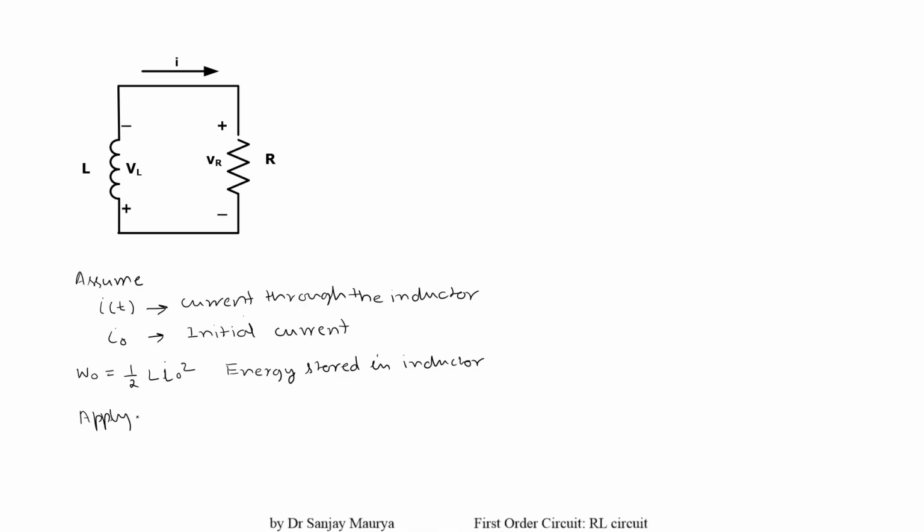Now I am applying Kirchhoff's voltage law in the circuit. So VL plus VR is equal to 0, and we know that VL is given by L di by dt, and the voltage across the resistor is R into i. So L di by dt plus R i is equal to 0.